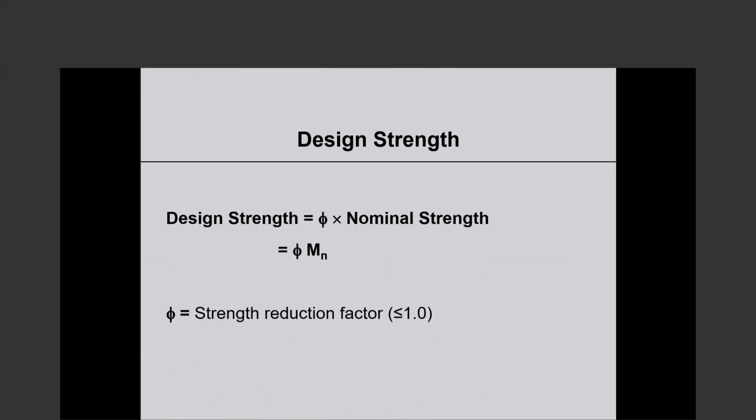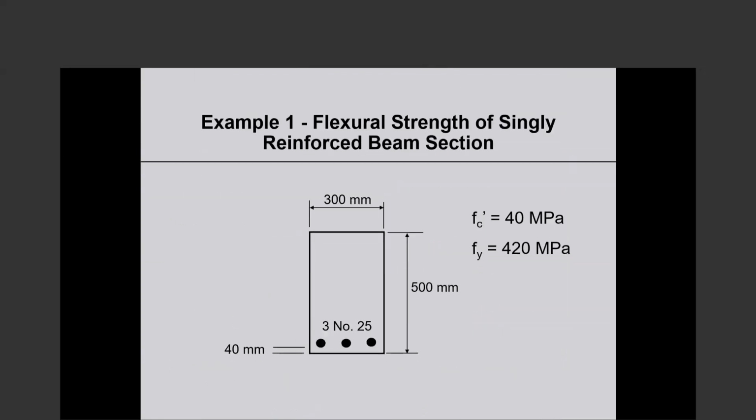Design strength would be phi times the nominal strength, and the phi is going to be 0.9 for tension control sections, or a little bit less than 0.9 for transition sections. Okay. Remember, we can have transition flexural sections because epsilon sub t cannot be any less than 0.004, but it can be less than 0.005. This is what we established yesterday.